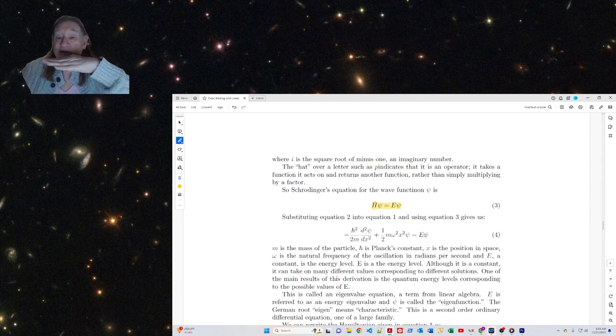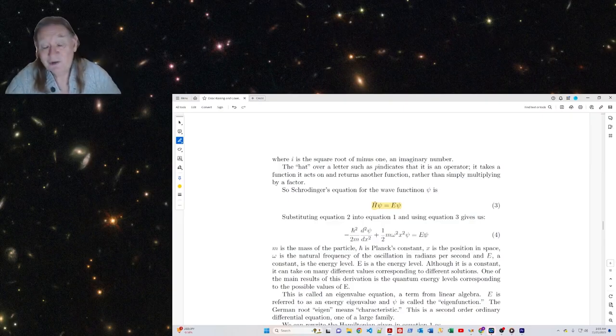You might have one energy level here and one here, and the particle can't be at an energy in between. That's quantized. That's quantum. And it's characteristic of any quantum particle that's confined to a small region. The energy gets quantized.